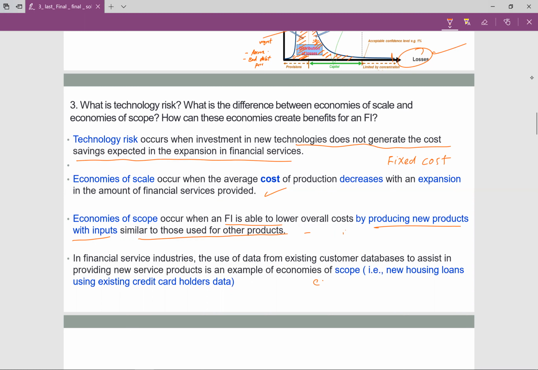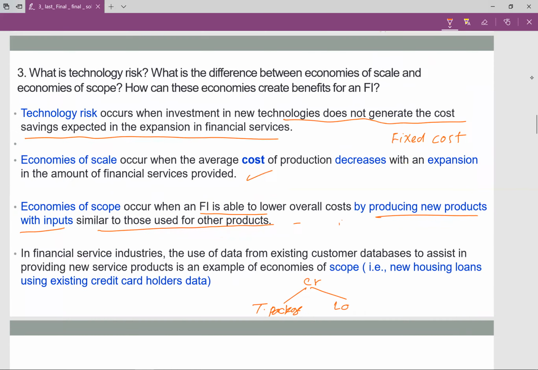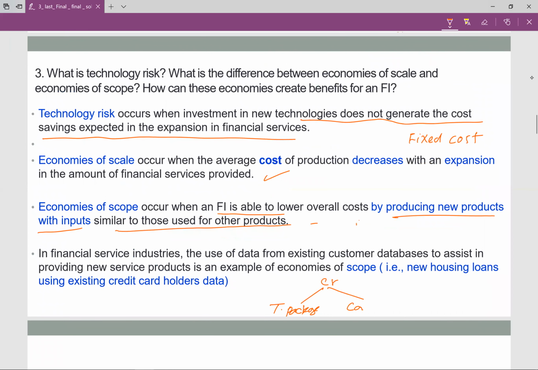So with a credit card, I can produce a tourism package, a loan package, what you call a car loan, a higher education package, all of those things.